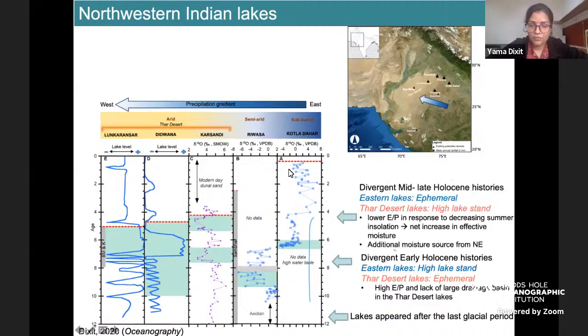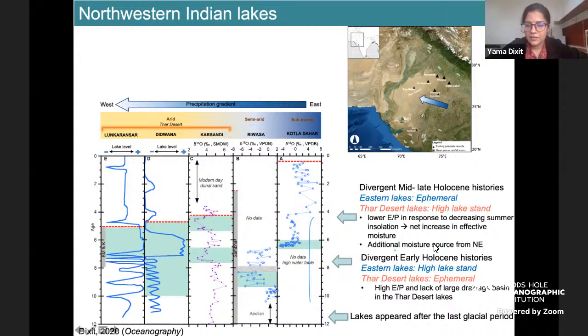But if we move further in time, to the mid to late Holocene, these eastern lakes are kind of ephemeral now, but they had high lake stands in the middle Holocene. So around 5 kilo years, both Lunkaransar and Didwana say that they were at the freshest phase, or they had high lake levels. Now we think that it could be because of a lower E by P ratio in response to the decreasing summer insolation controlled by precession.